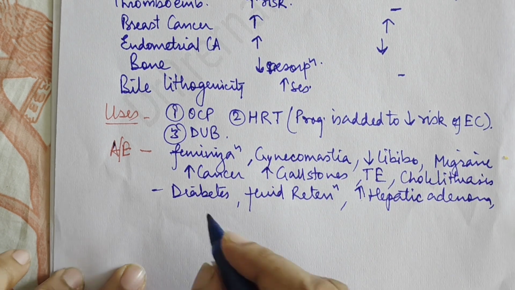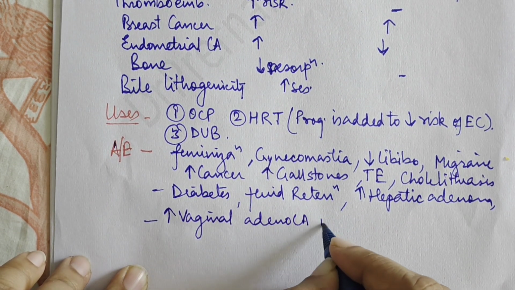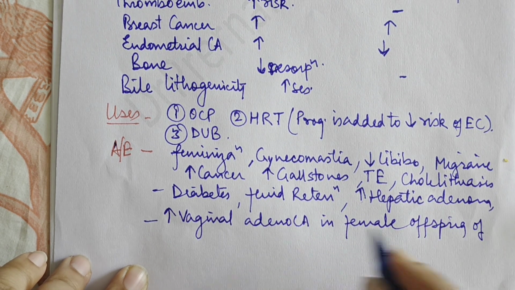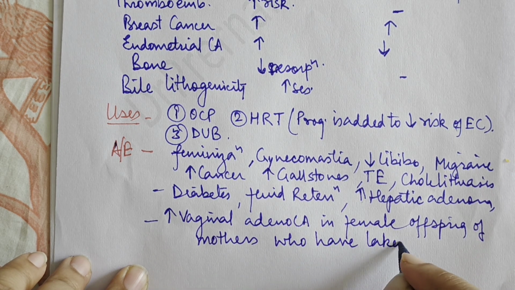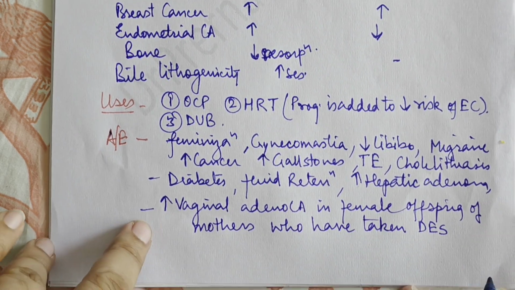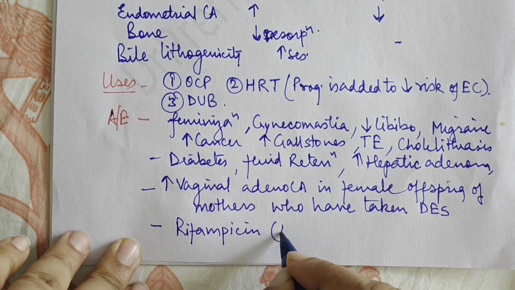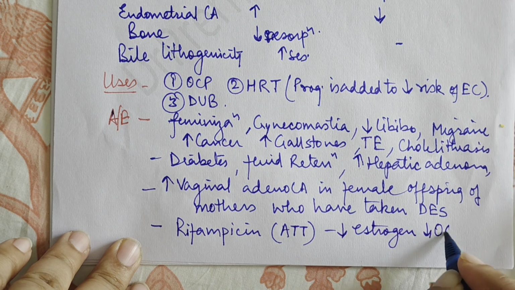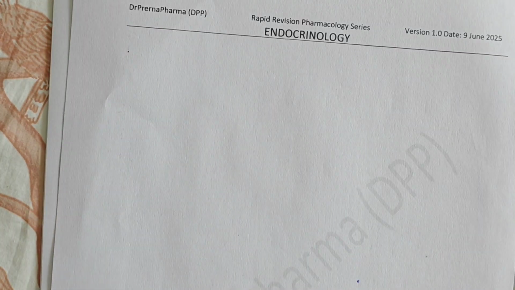So these are all the side effects. Then they can increase the risk of vaginal adenocarcinoma in female offspring of mothers who have taken diethylstilbestrol. Then rifampicin, which is a component of ATT, antitubercular therapy, reduces the action of estrogens, and in a way also reduces the action of OCPs. We have also seen this in the drug interactions, right?